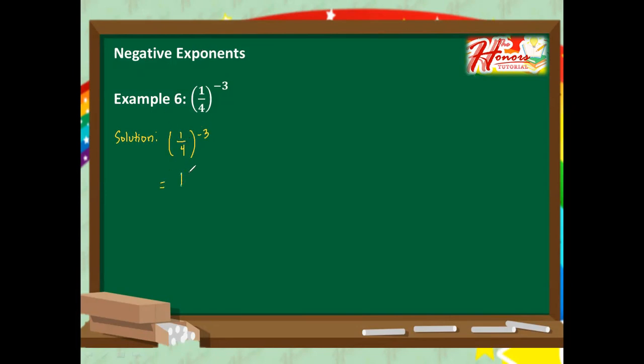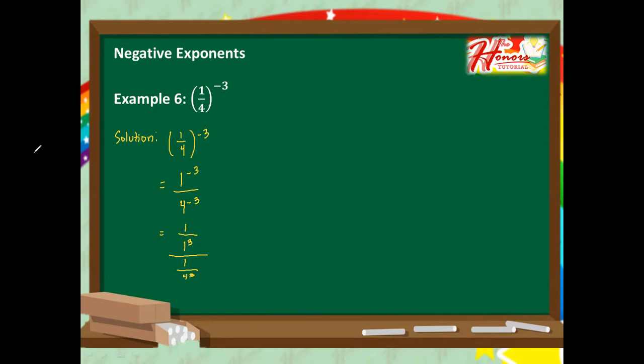So it will become 1 raised to negative 3 over 4 raised to negative 3. And then we have to convert this into a positive exponent. So that's why the numerator and denominator should be converted into a fraction having a numerator of 1. So that's 1 over 1 raised to 3 over 1 over 4 raised to 3.